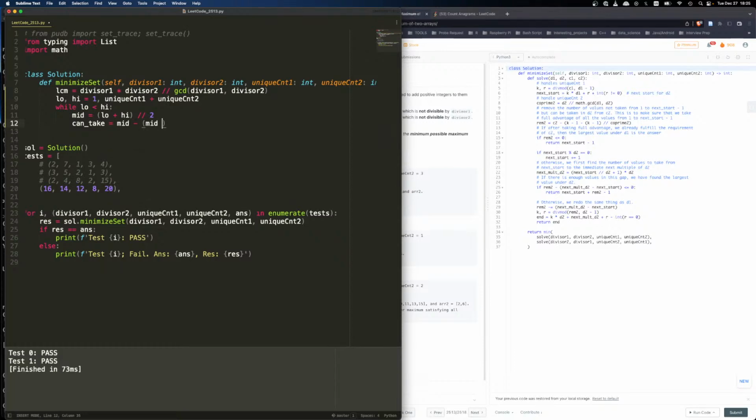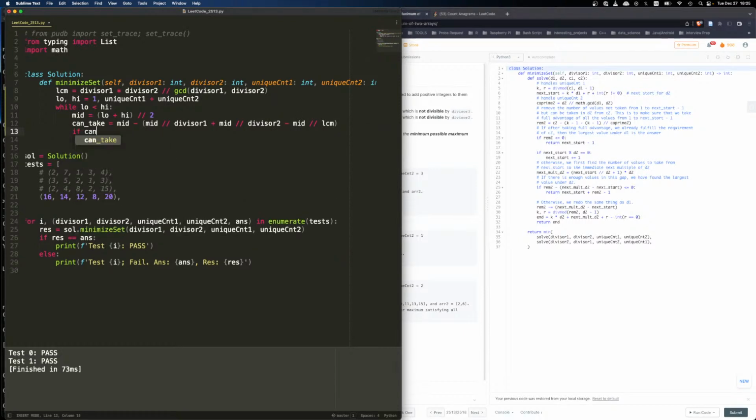That will be mid divided by divisor 1. These are the values that are divisible. Plus mid divided by divisor 2. These are values divisible by the second one. And minus the LCM, because it gets counted twice. So that will be the total can take, right?